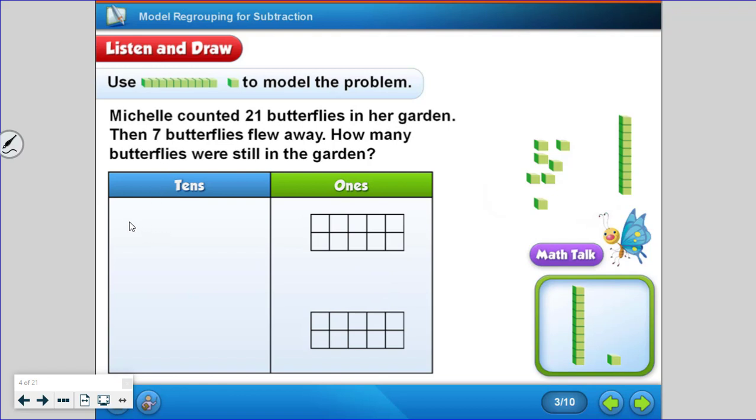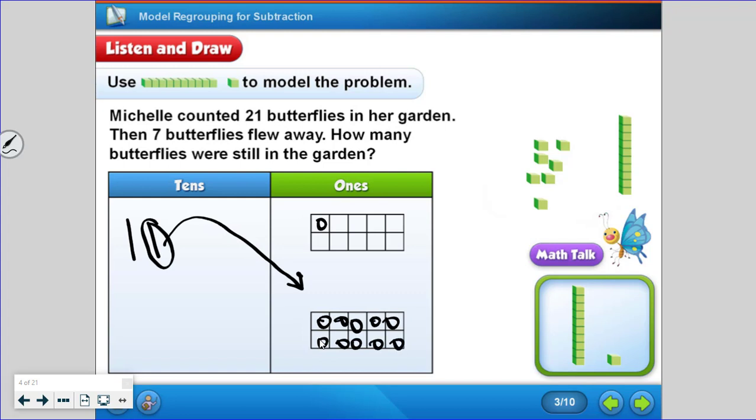21, so 10, 20, 1, right? And then I'm going to take this 10 and regroup it into ones. So 1, 2, 3, 4, 5, 6, 7, 8, 9, 10.